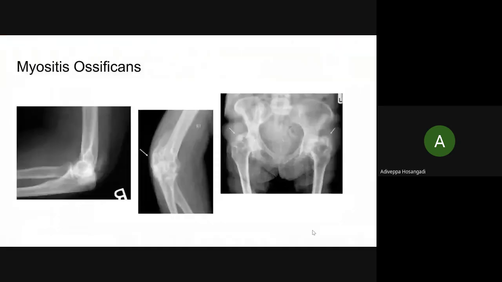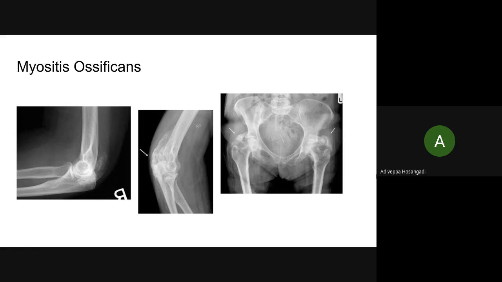So myositis ossificans is basically also called heterotopic ossification. Heterotopic ossification means ossification anywhere other than in the bones. Heterotopic ossification is also called myositis ossificans.